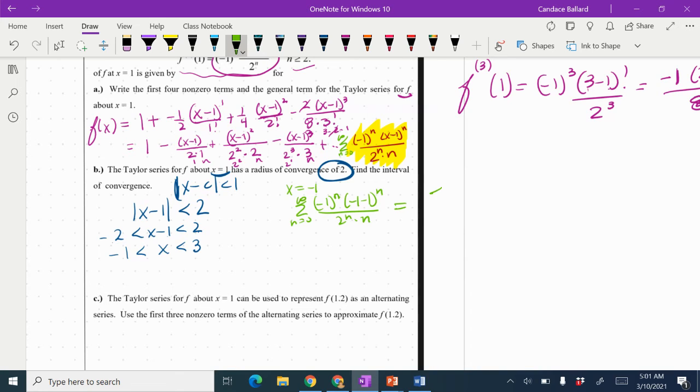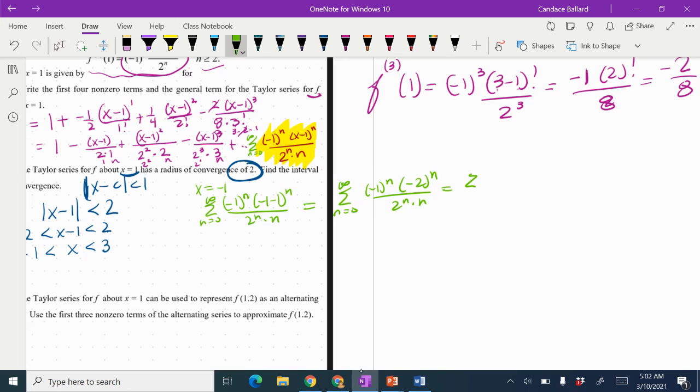If I start simplifying this, we'd end up with -1 to the n times -2 to the n over 2 to the n times n. Then if I simplify that a bit more, I could split this up into -1 to the n times -1 to the n times 2 to the n over 2 to the n times n.